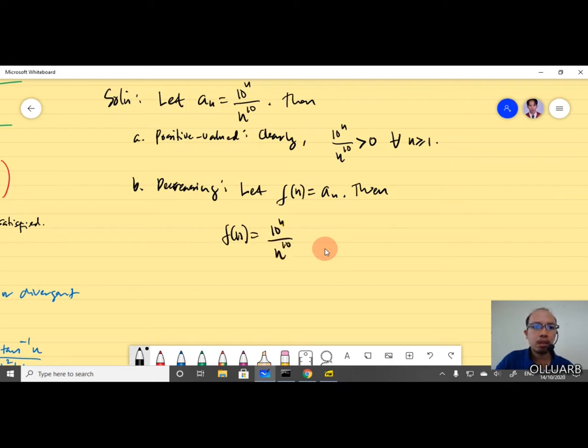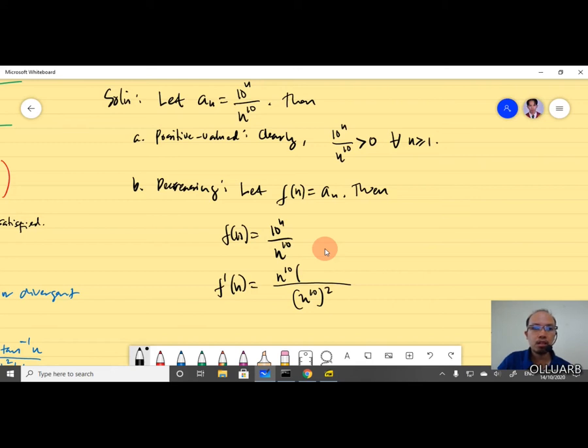So you have to get the derivative with respect to n. We can use the quotient rule. N to the 10 squared, the denominator. Copy the denominator and derivative of the numerator. So what is the derivative of 10 to the n?